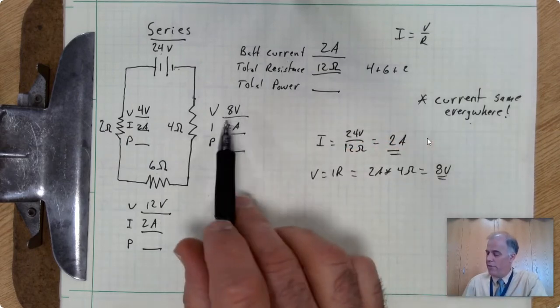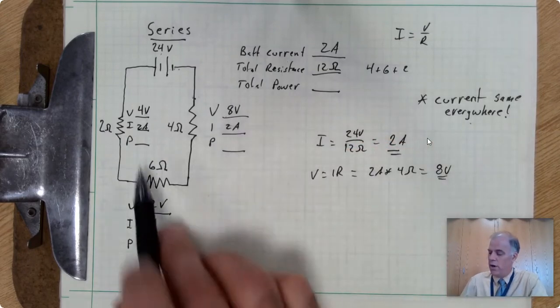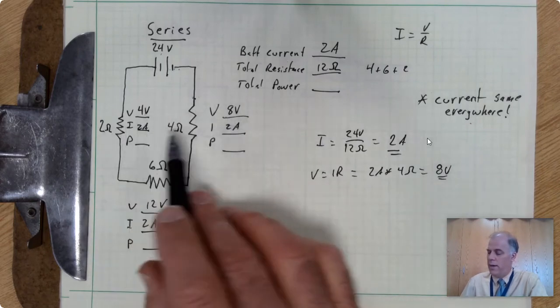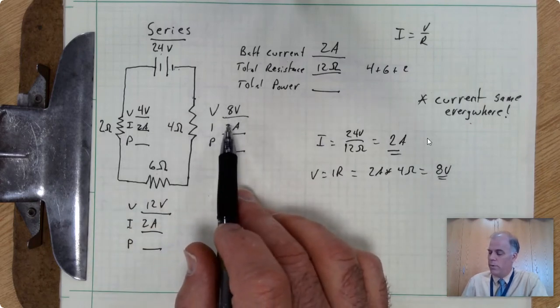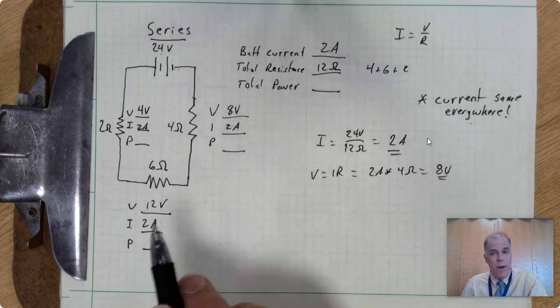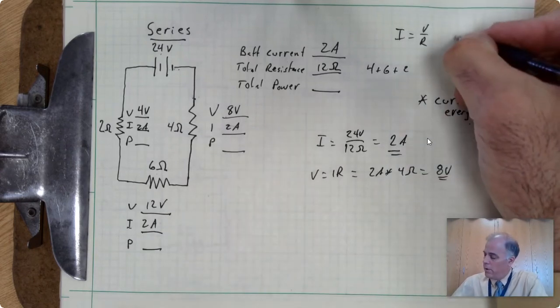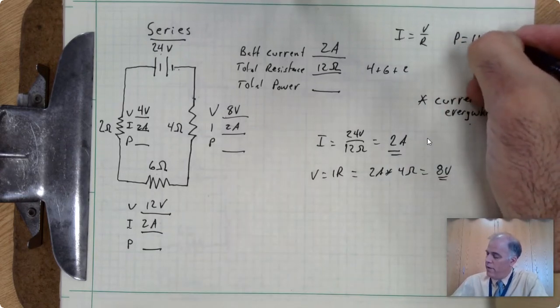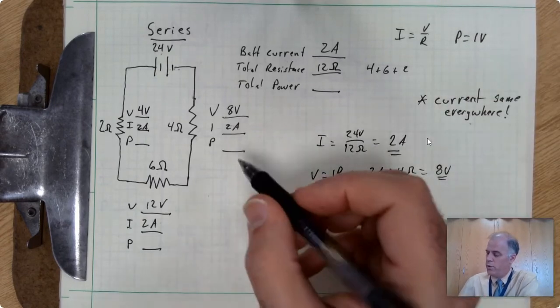Okay, so now we have the voltage and the current for each of the resistors, and that leaves us just with power. And power, as you probably recall, P equals IV, is current times voltage, so we can do this for each of them.